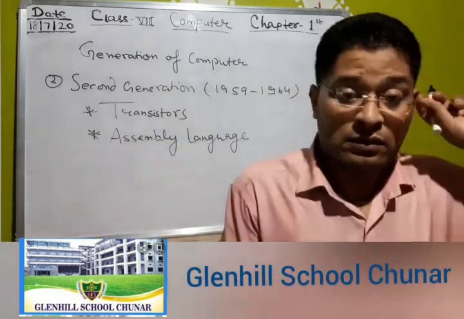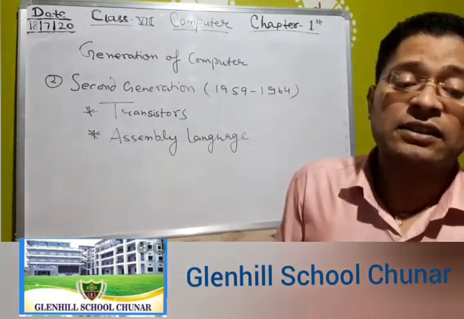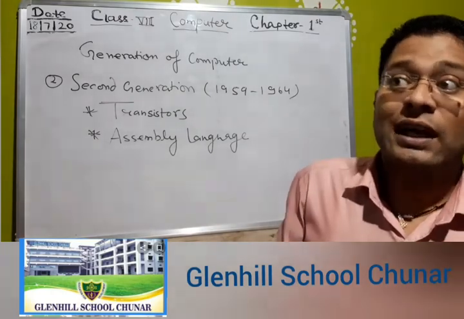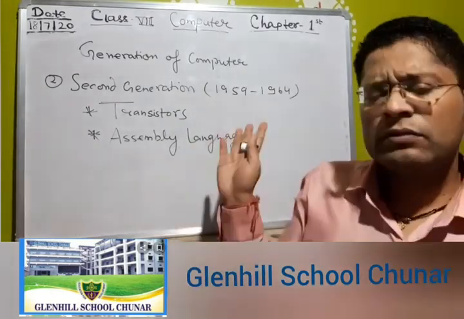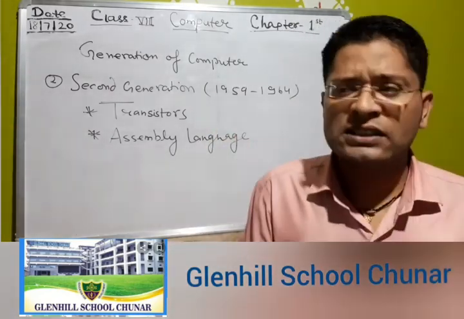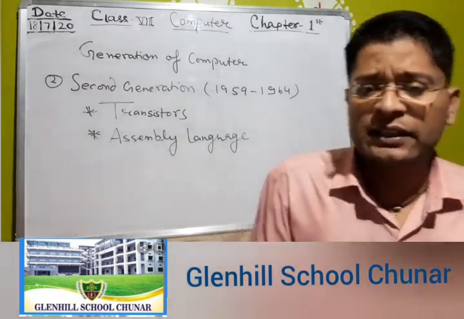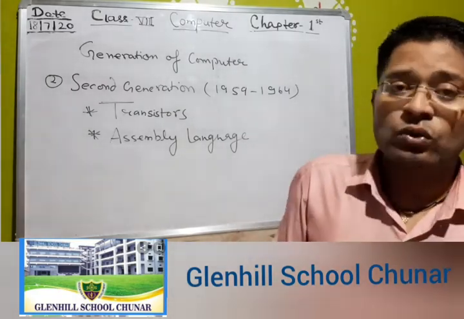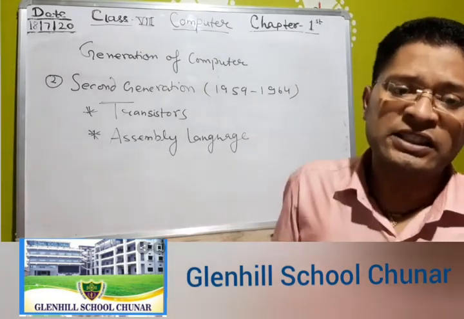The language in the second generation computer was assembly language, and these computers also produced a large amount of heat, were too large and more expensive, and also had to be cooled by air conditioning.